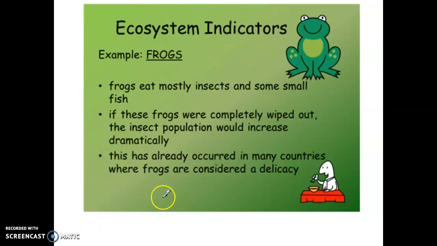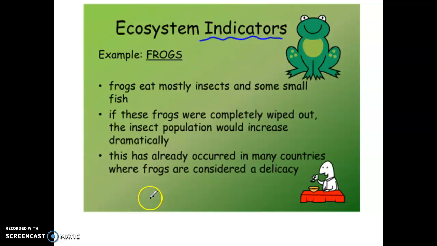Okay, so how do scientists monitor or look at ecosystems? Okay, so it's very difficult to monitor something that is alive and moving and always changing. So one thing that scientists tend to do is they will pick one or two indicators for an ecosystem.